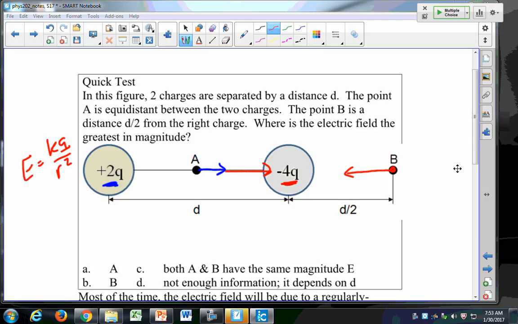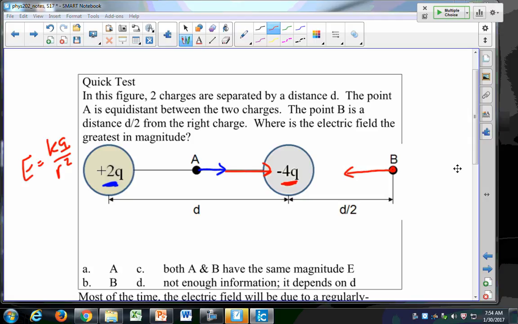Is it bigger or smaller than it was here? Smaller. And do y'all know by what amount it's smaller? Think about it for just a second. Don't say it right out. By what amount is the electric field smaller at point B than it was at point A? So when I draw this blue vector right here, by how much smaller is it going to be than this vector?